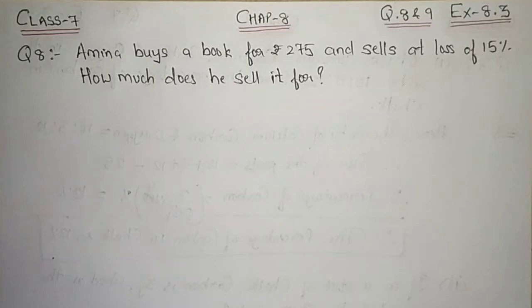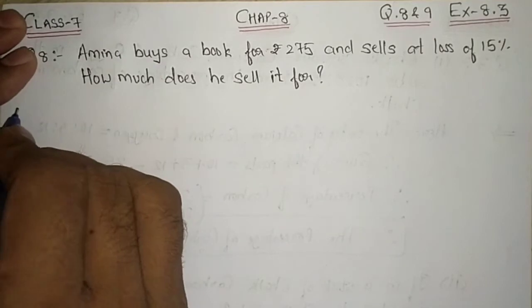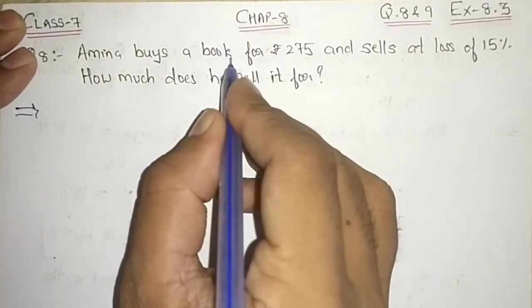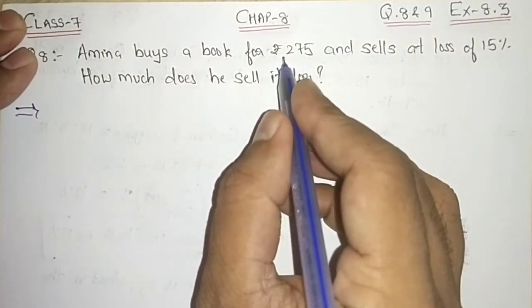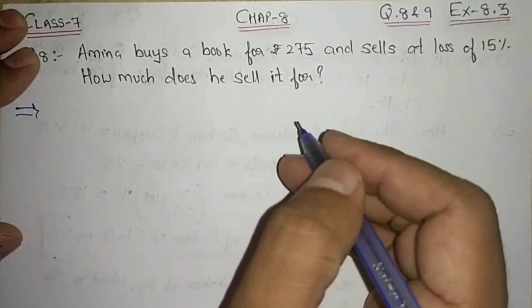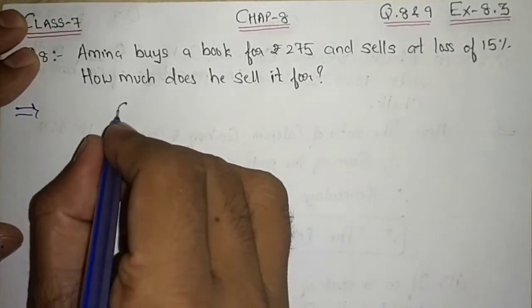Question number 8 says Amina buys a book for rupees 275 and sells at a loss of 15%. Amina, one girl, bought one book which she bought for rupees 275. That means what they have given us?